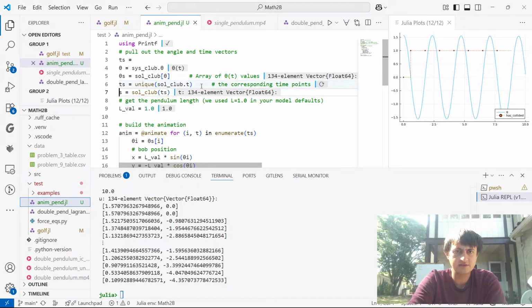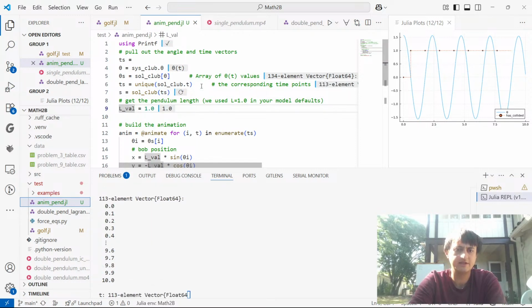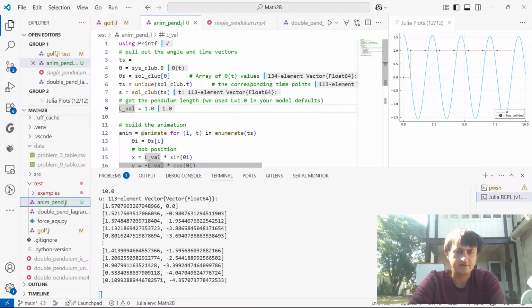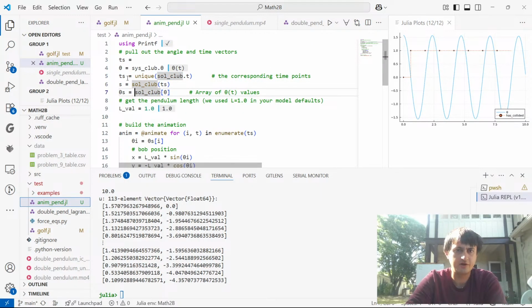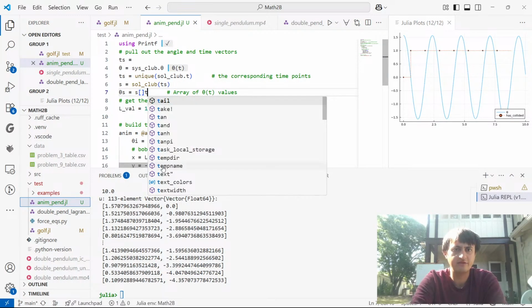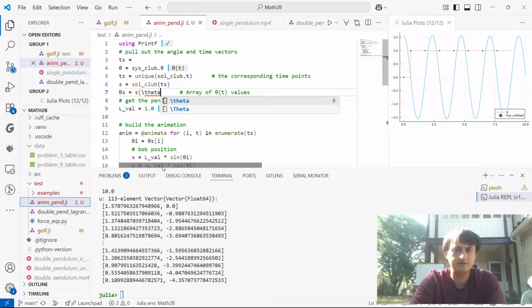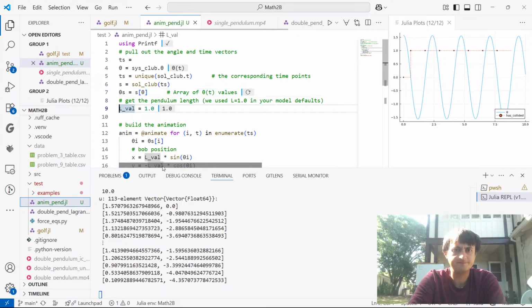Wait, no. T's is the unique. Then we get this. And then we should be able to get this thing from S. And S should be indexable by theta. Right? Good.